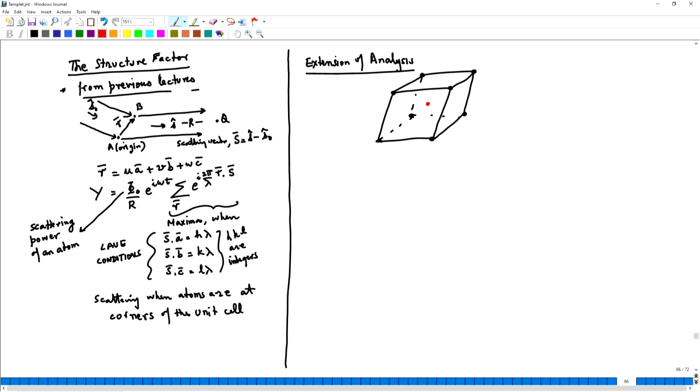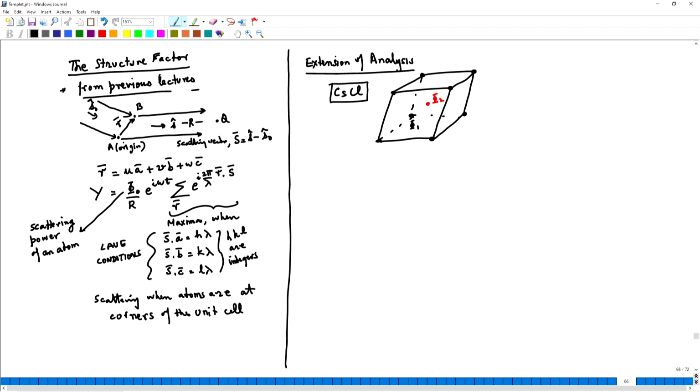So, effectively I am going to have two atoms in this unit cell, and this body centered atom may be different from the corner atom or may be same. Therefore, the scattering power will also be different. For example, at the body centered position, the scattering power may be phi 2, and at the corner atom, the scattering power may be phi 1. So, I have basically in the unit cell two atoms with two different scattering powers. For example, cesium chloride could be an example for such a crystal.